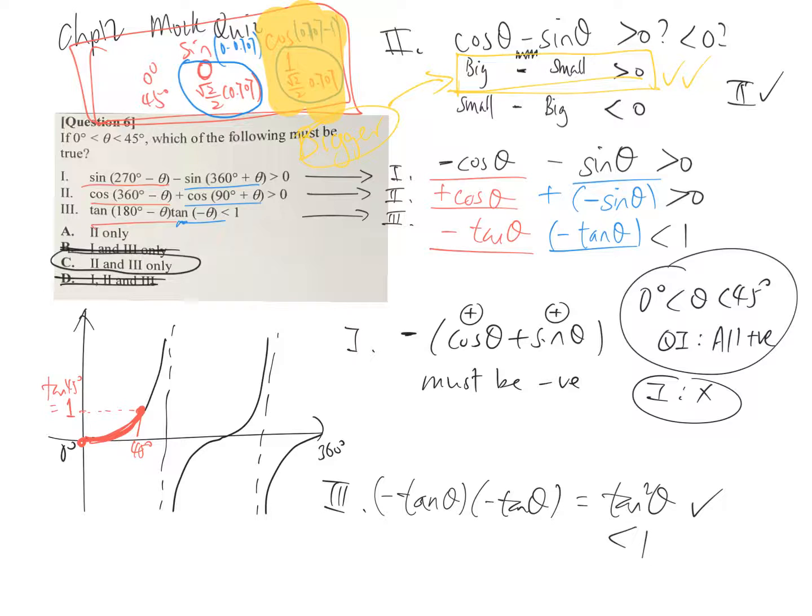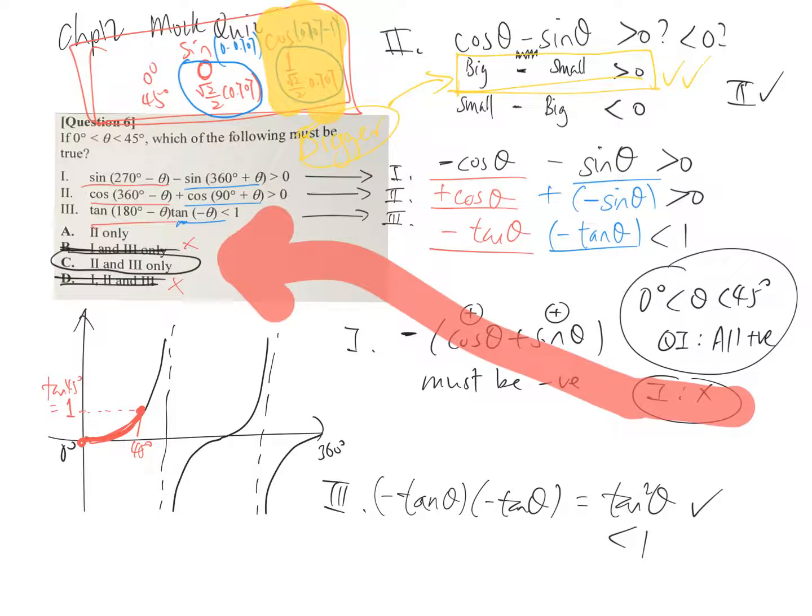One technique I want to remind you of is that when you know statement 1 is wrong, you can go back to the options and see that B and D must be wrong. Then you check A and C. Both of them have option 2, so you need not care about option 2.